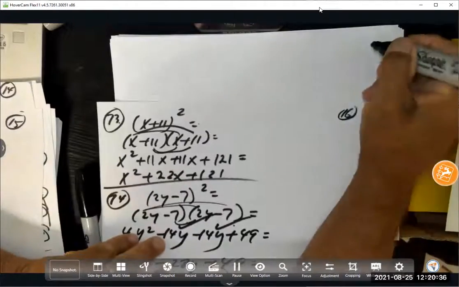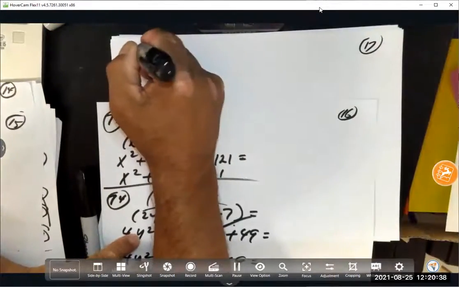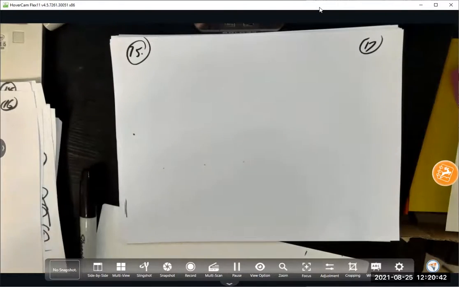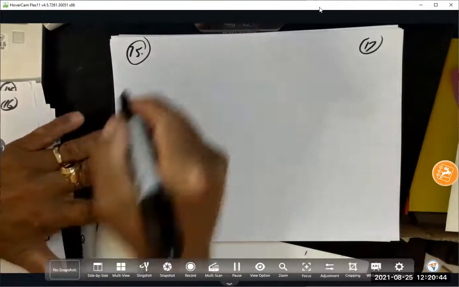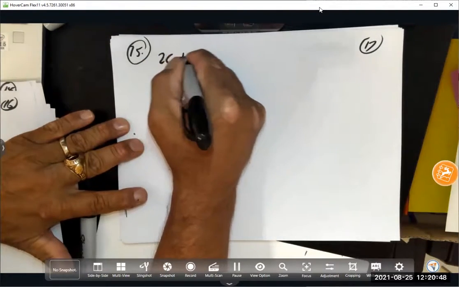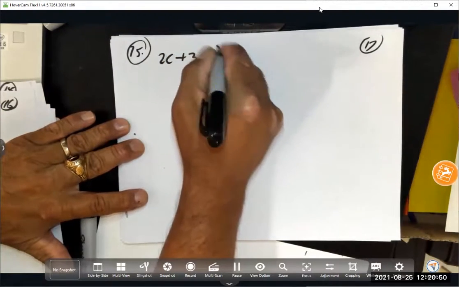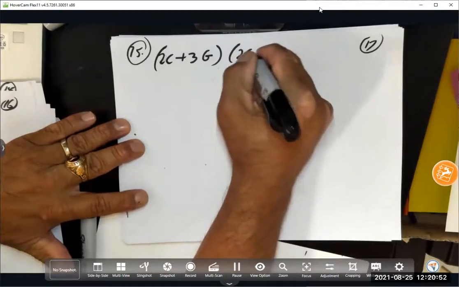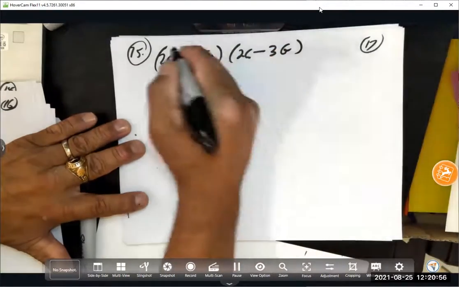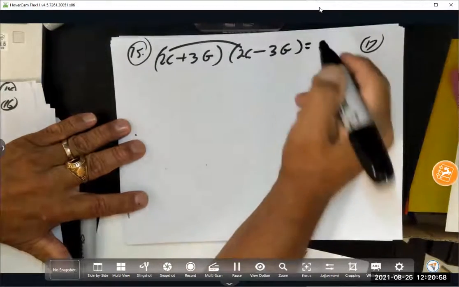We're almost there, man. 75 says 2c plus 3g and 2c minus 3g. Ready? So what is 2c times 2c?